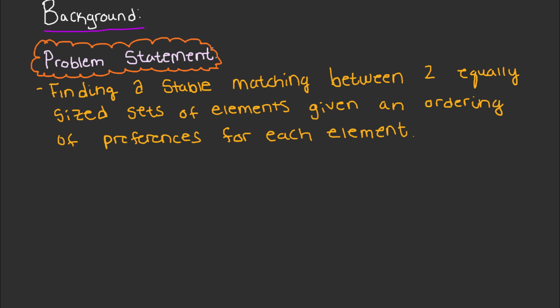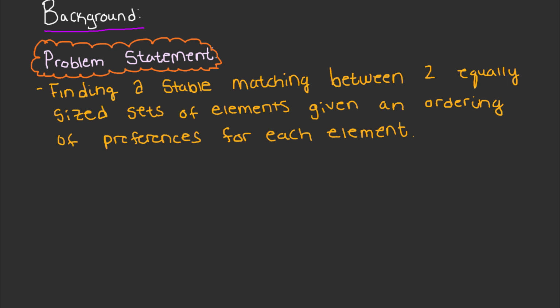So essentially what we want to do is dive into the definition, some of the background for what this problem actually entails. The algorithm is commonly known as the stable marriage problem, or the GS algorithm, which is Gale-Shapley, the authors of the original algorithm.